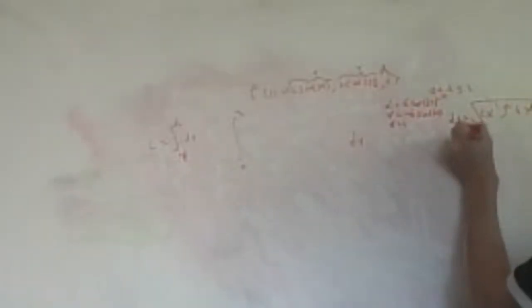So if we plug all of these values into ds, negative 6 squared is 36. So I'm going to factor out a 36 from these first two: 36 times cosine squared of 3t plus sine squared of 3t, and plus 1.